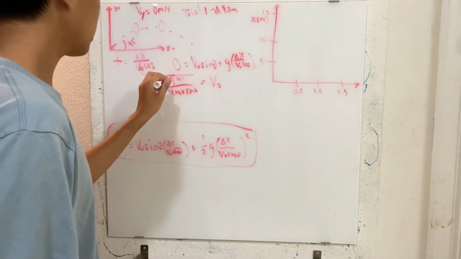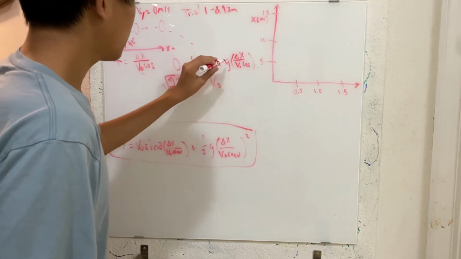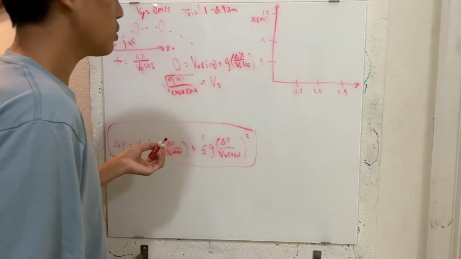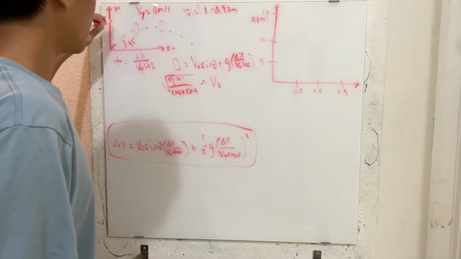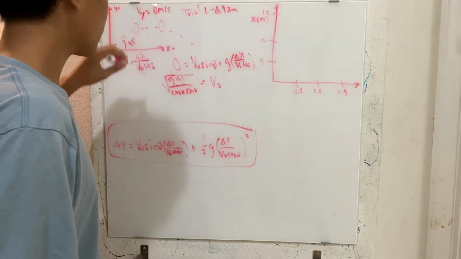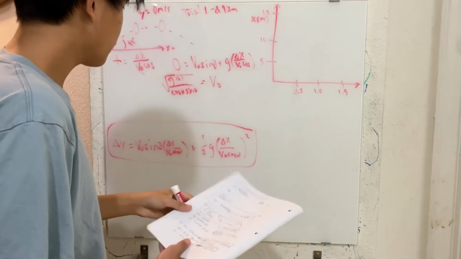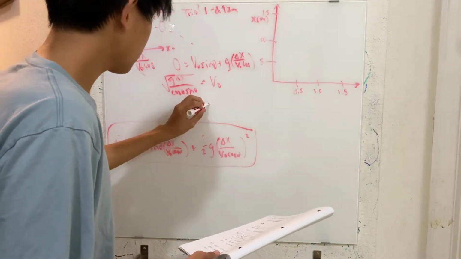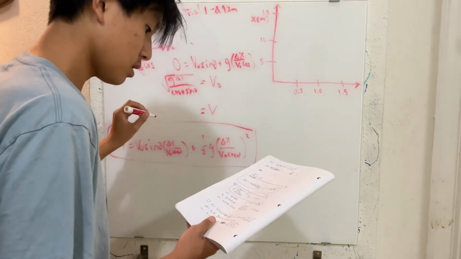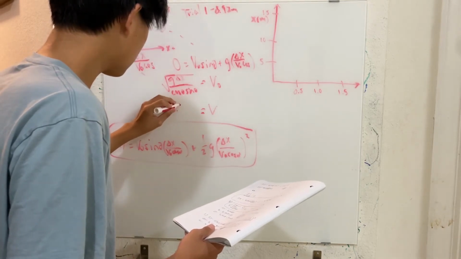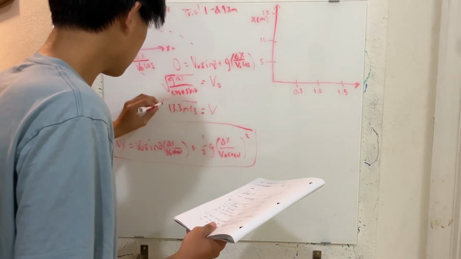And g is still positive because the original value of g would be technically negative since y plus is in the upwards direction, and then it cancels out with the negative sign once we move it. So yeah. And then when we plug in all the numbers, v naught equals 13.3 meters per second. So this is our v naught value.